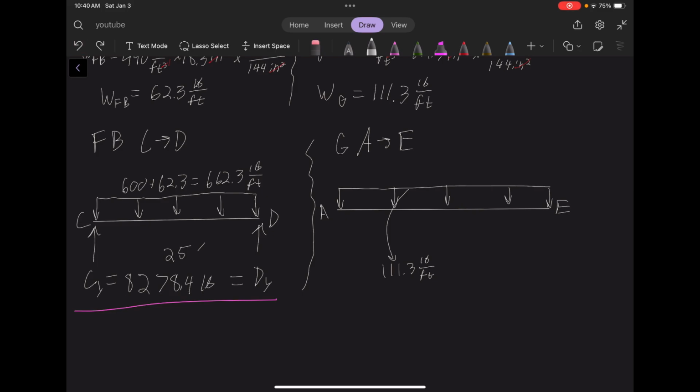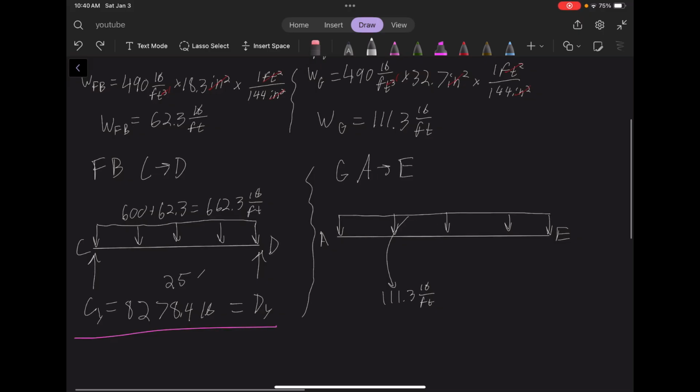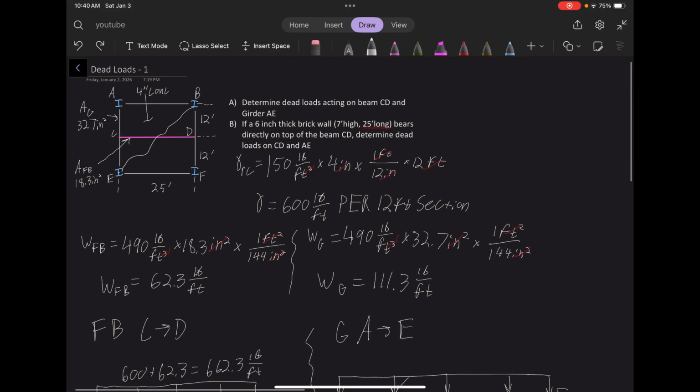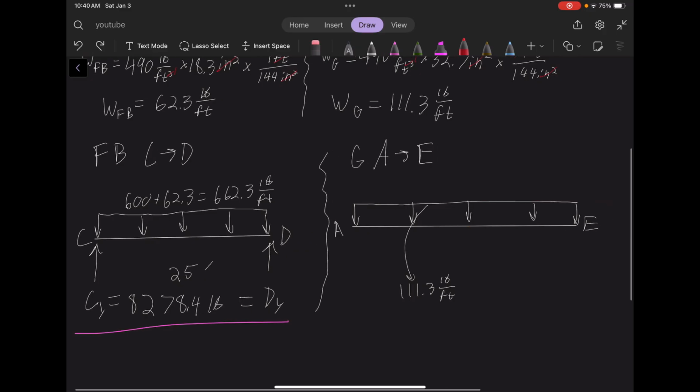But if we look at our system like we're looking at it now, on a cross-sectional view, at point CD, because we're looking at beam AE, we don't care about what's happening over here. We care about what's happening over here. So we're only going to take into account one side of the reaction.